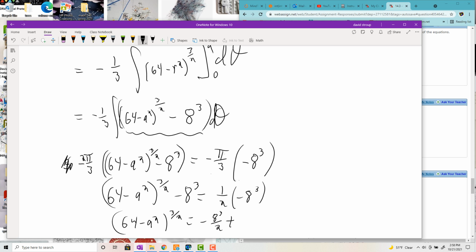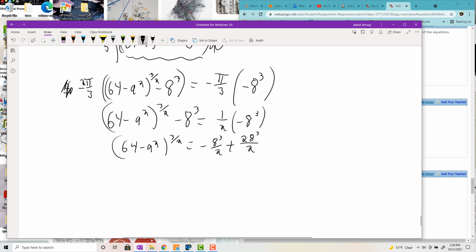And then that will be 64 minus a squared to the 3/2 equals negative 8 cubed all over 2 plus 8 cubed all over 1. Multiply the top by 2, 8 cubed over 2. So that's just going to be equal to 8 cubed all over 2. Then you take the 2/3 power on both sides here. So you get 64 minus a squared equals this thing raised to the 2/3 power.